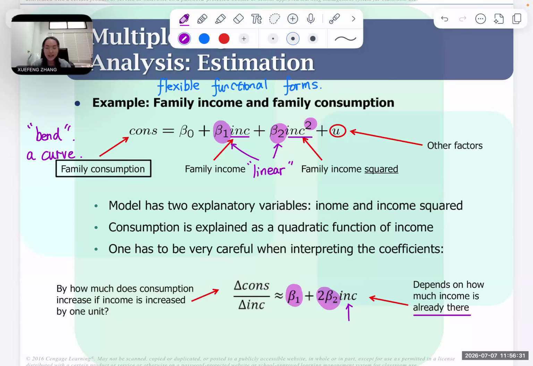We said linear in parameters, okay? But it captures a nonlinear relationship between income and consumption. So right now, the effect of income on consumption depends on your current level of income.